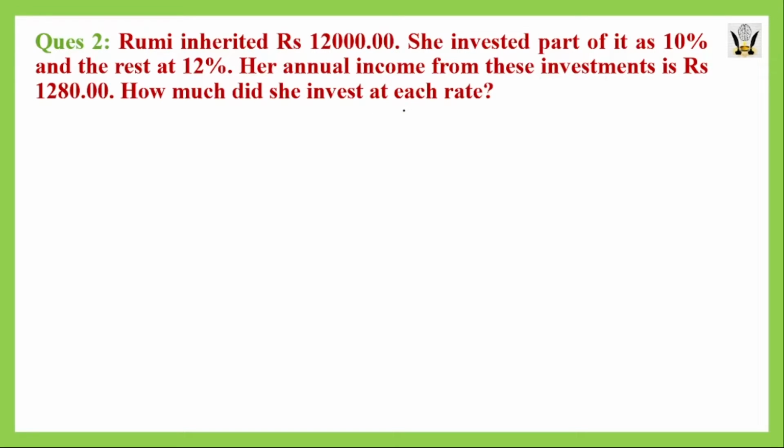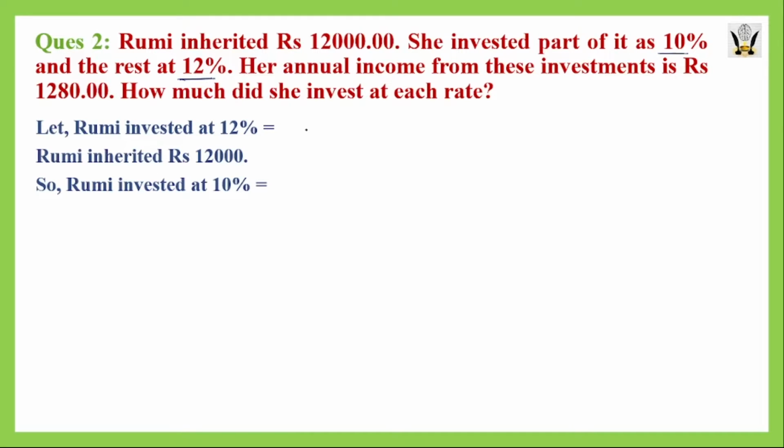Since we don't know the amount that she invested at each rate, here she invested at two rates: one is 10% and another rate is 12%. So we will assume that Rumi invested rupees X at 12%, and since she inherited 12,000, that was the total amount.